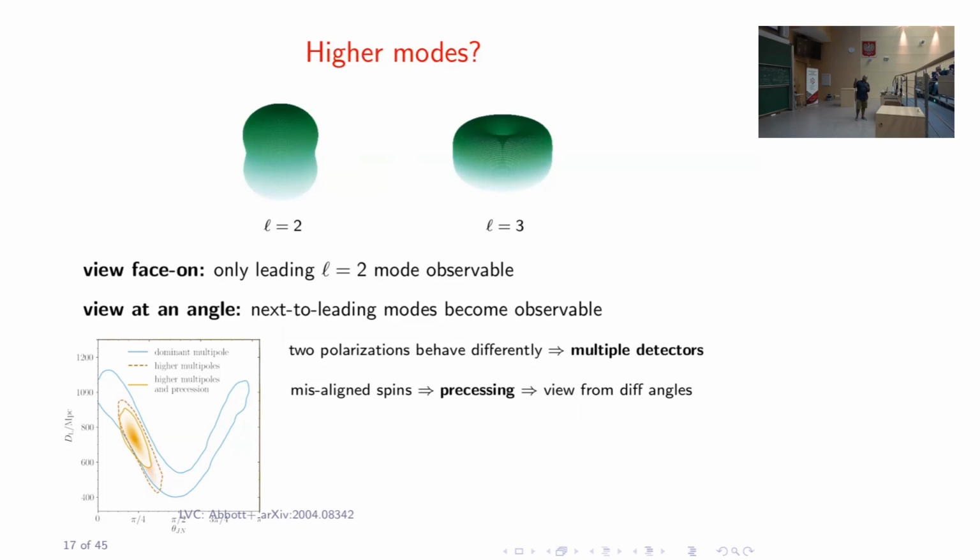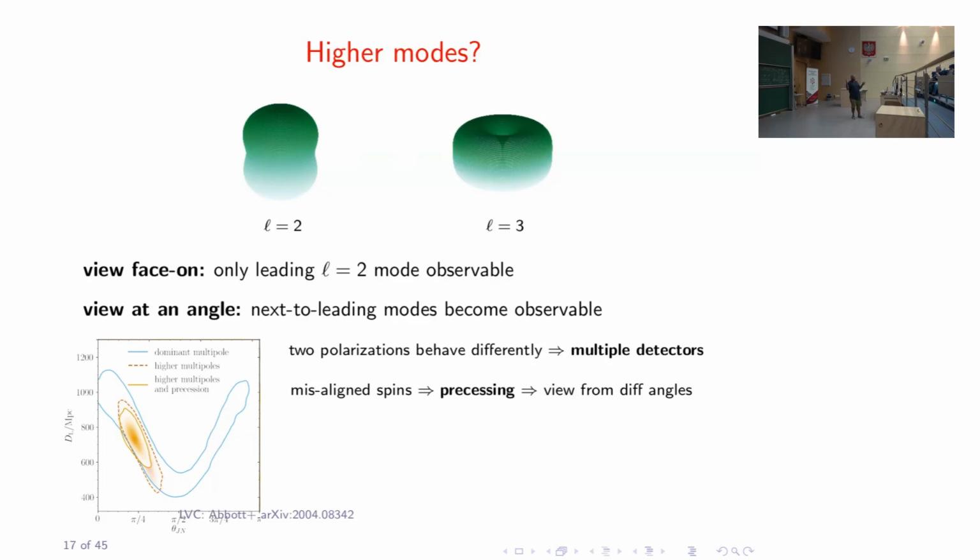You would be able to detect the L equal to 3 mode if the system is asymmetric, if one of the masses is much bigger than the other mass, in which case for asymmetric systems the higher modes are automatically higher. Second, if the detectors are more sensitive, then you'd be able to make out the L equal to 3 mode.